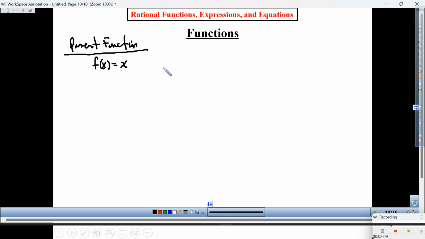And here's my graph. Next one, f of x equals x squared. f of x equals x cubed.